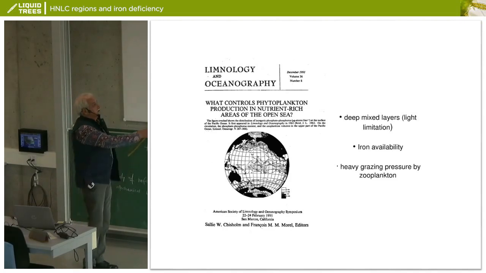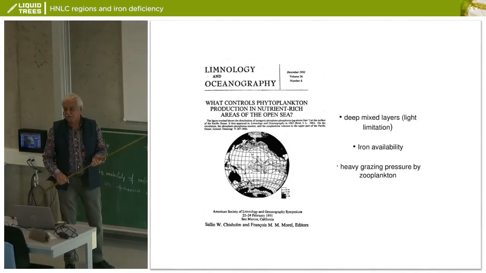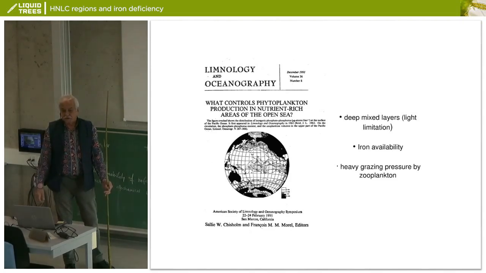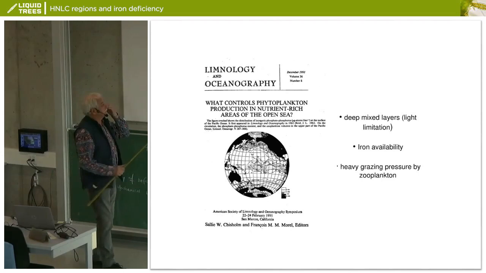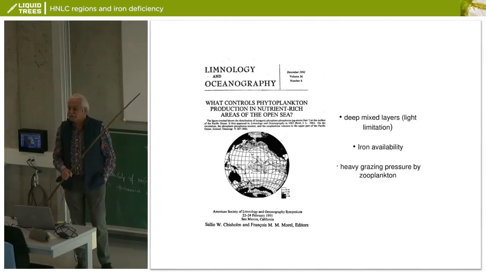That was the explanation that I favored, because I had only worked in the Southern Ocean up to that time. The mixed layers were like 100 meters deep, also in the summer, but we didn't get this higher production. Then there was the issue of iron availability, that iron is limiting.